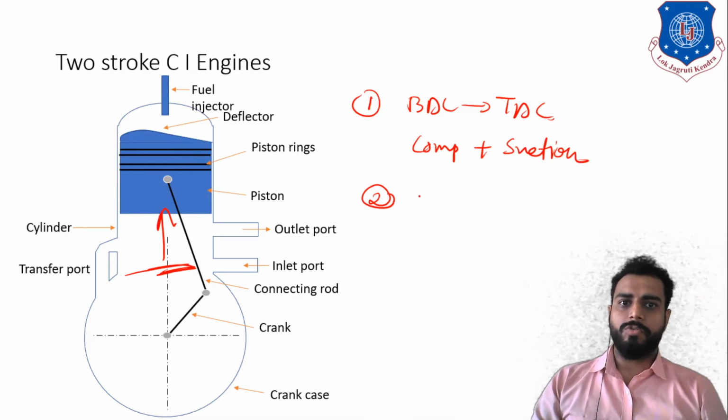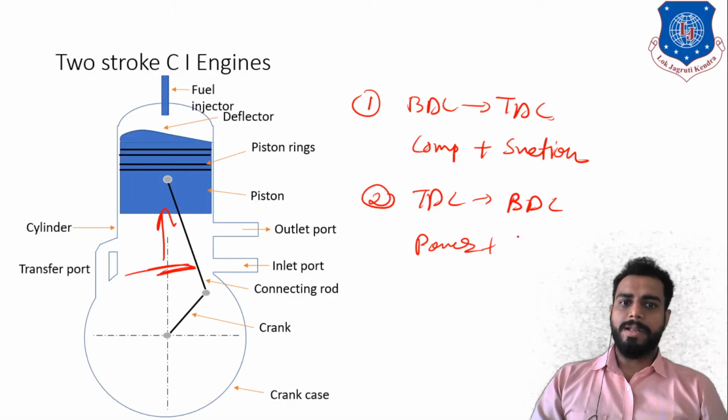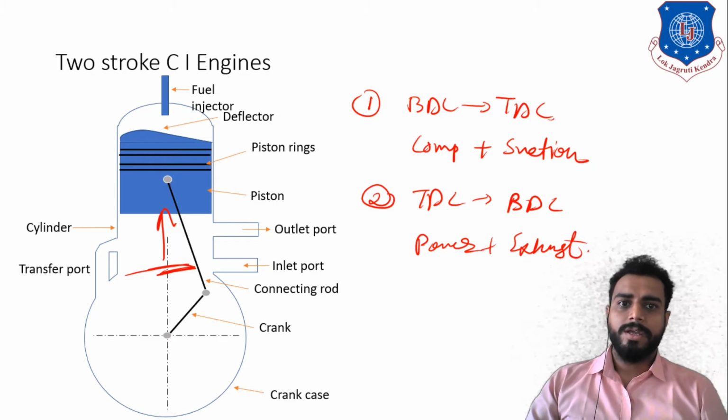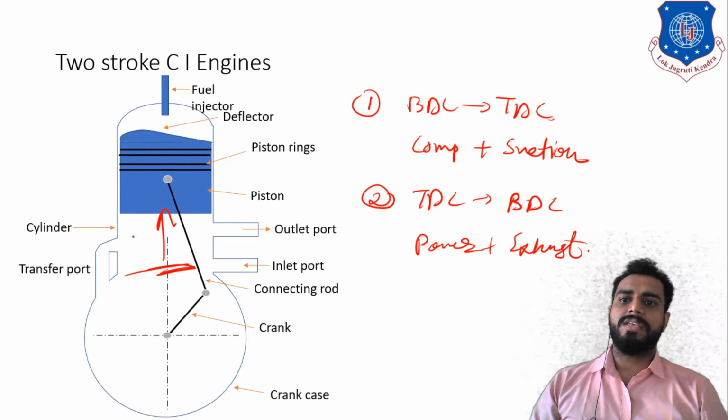And in the second stroke, TDC to BDC, during this particular stroke the power will occur plus exhaust will occur. But the difference is that here only air is sucked in.